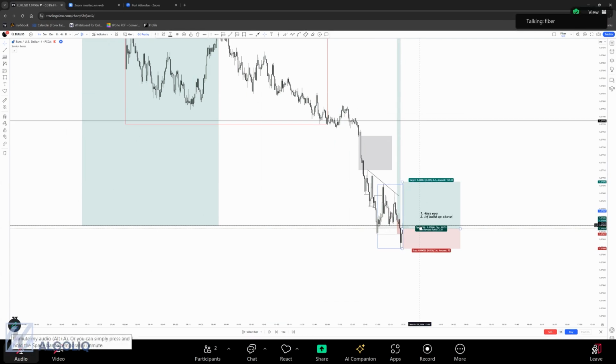Right. Three, we have a behavior of two bullish candle close. Right. Two bullish candle close. What else? What else? Anything?